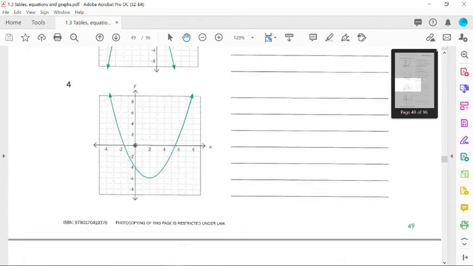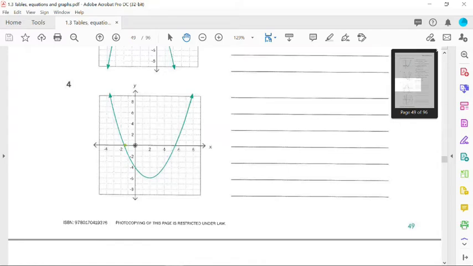Okay, so here look at number 4. This parabola does cross the x-axis, yes?